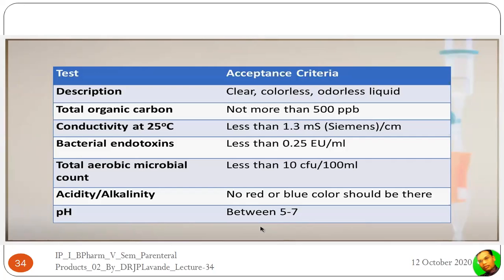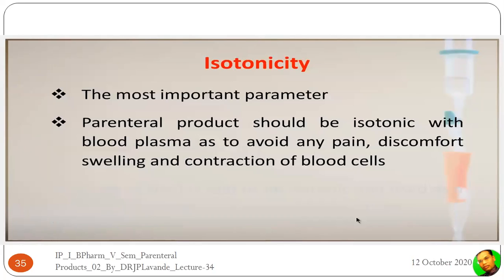For acidity and alkalinity, no red or blue color should be there. The pH should be between 5 to 7 for the water which is to be used for the parenteral preparations.